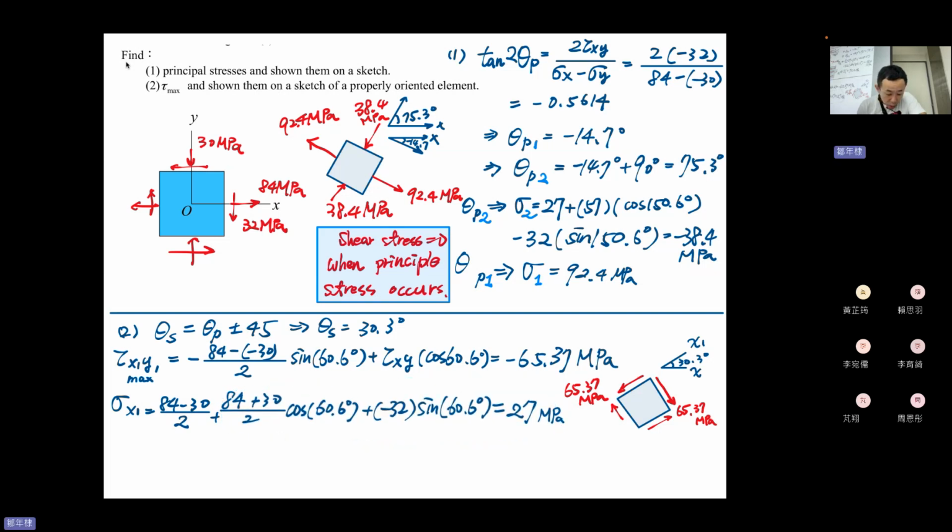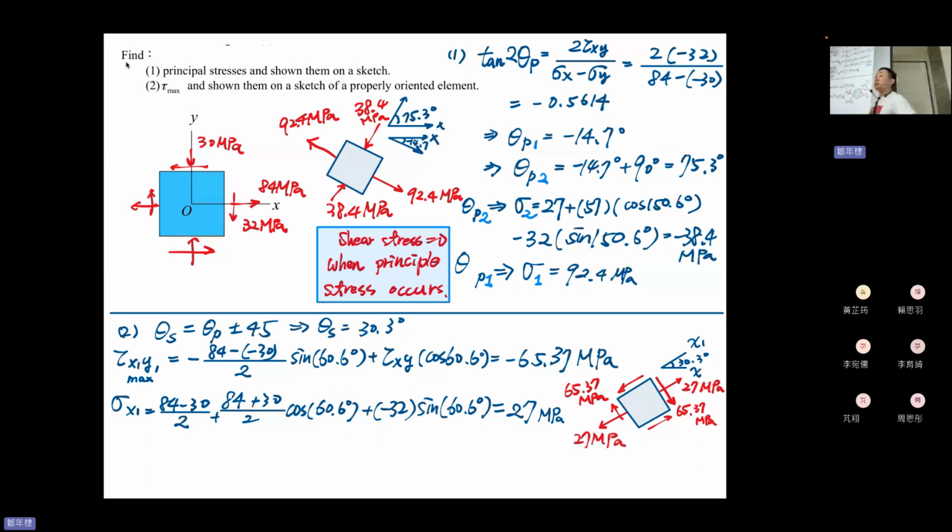Right. So 27 MPa on the plane at 30.3 degrees. Sorry, no minus, so positive 27 MPa. And on the opposite side, 27 MPa.